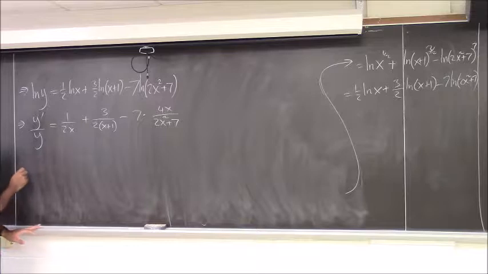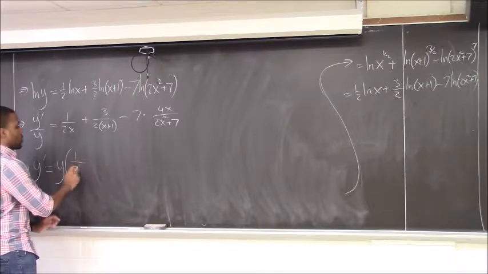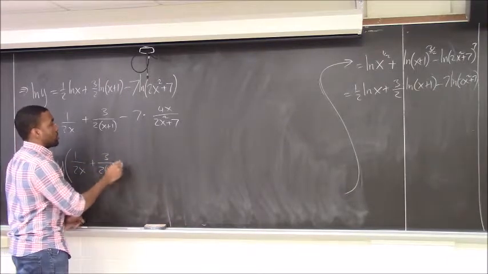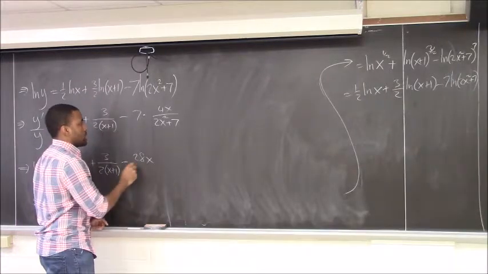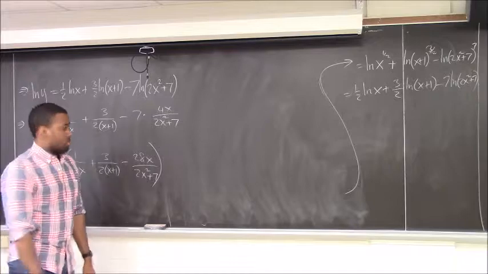And so now what I can do is I can solve for y prime. So y prime is going to be y times all of this. 1 over 2x plus 3 over 2 times x plus 1 minus 28x over 2x squared plus 7.